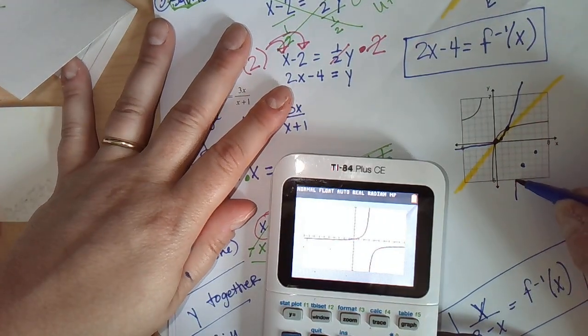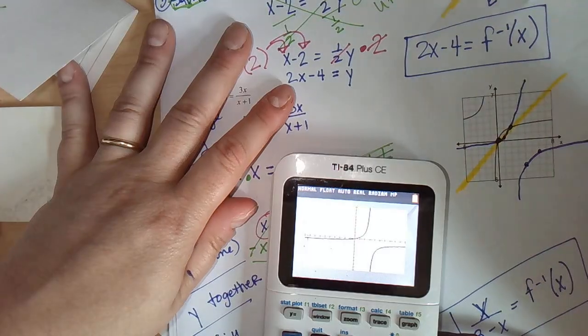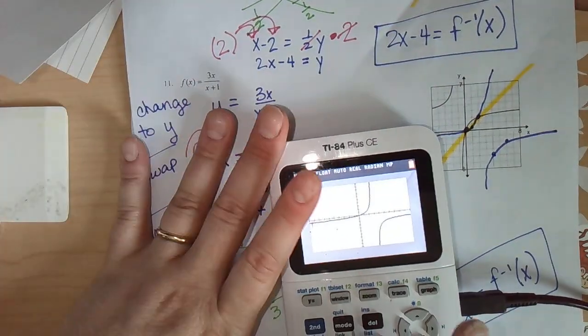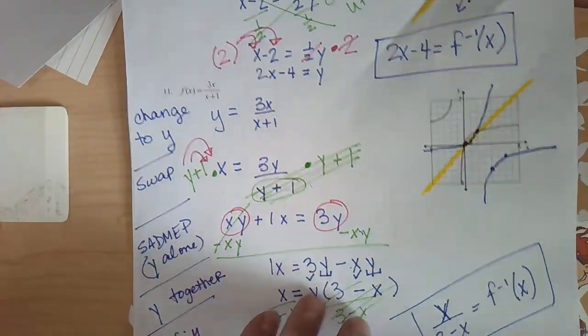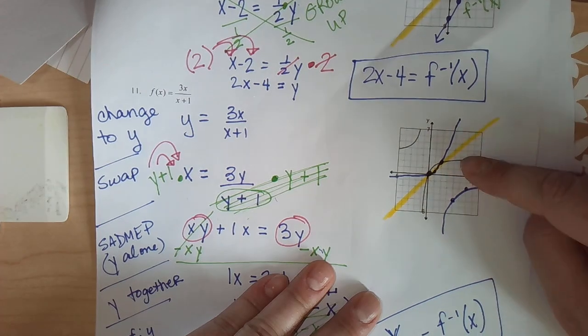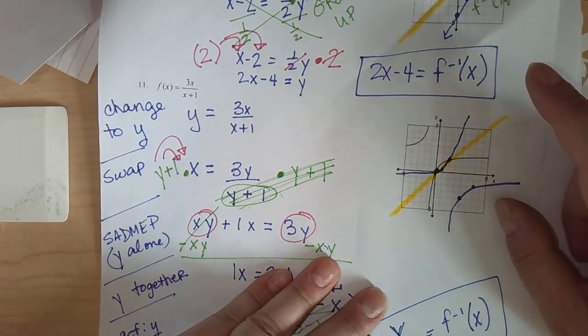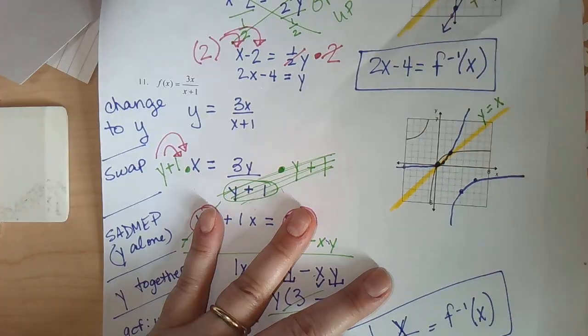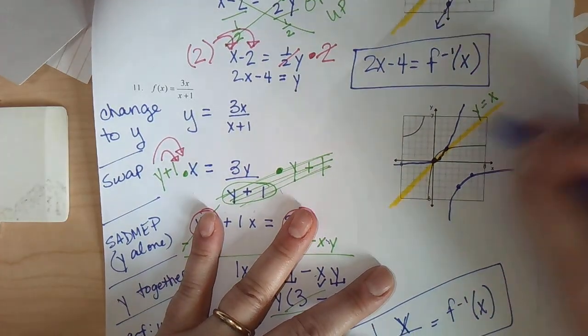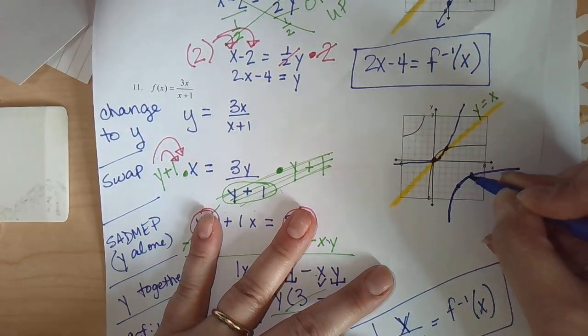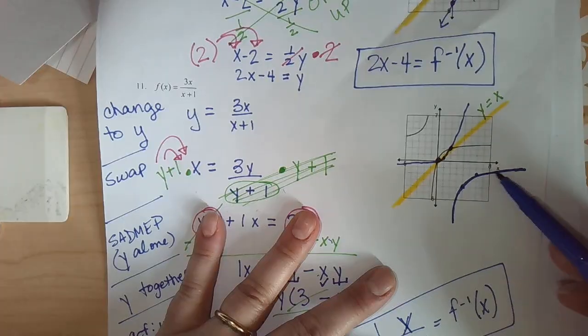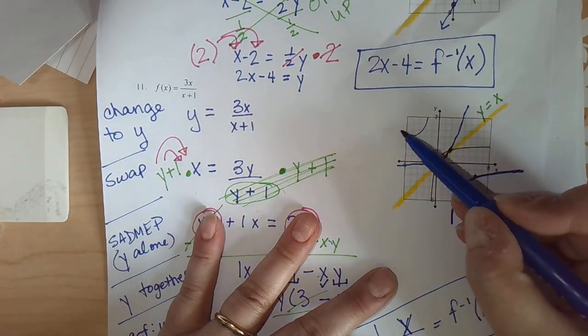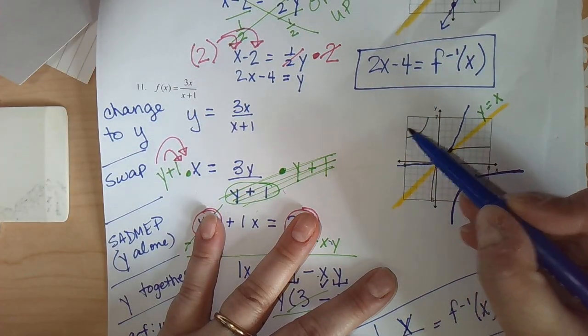And you're thinking, now, what the heck? I thought that woman said that this stuff flops over the yellow line. Well, it does. And this yellow line is y equals x. So watch what happens when I fold this graph. This curve of the inverse is going to land up here on the top left.